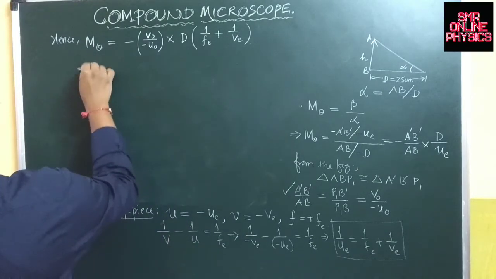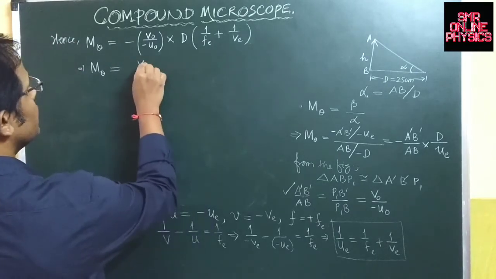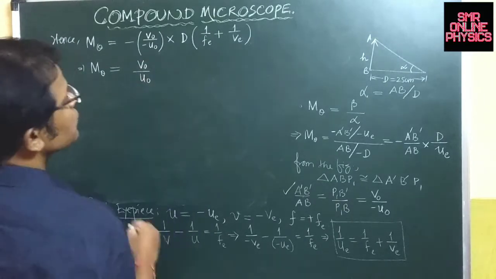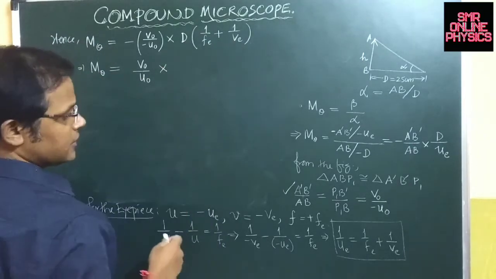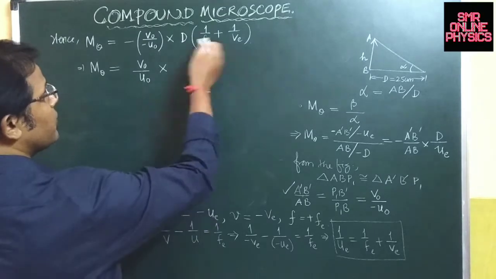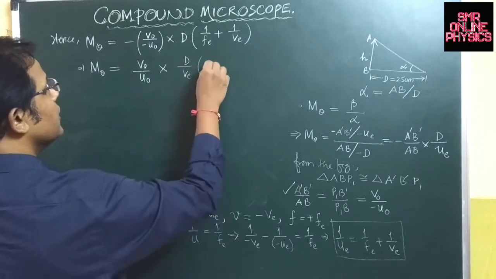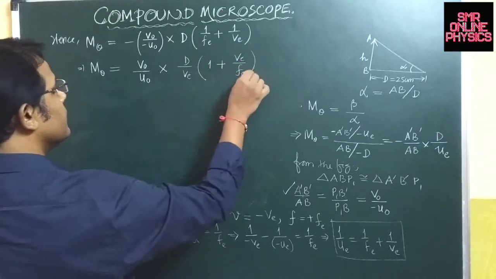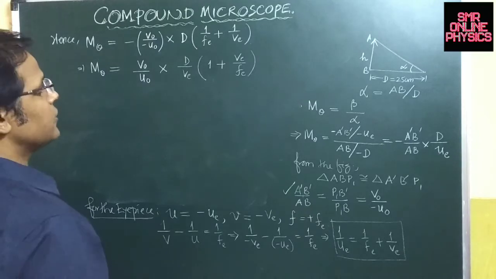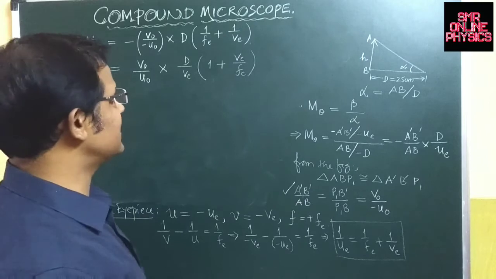So I can now readjust this entire thing and I'll find here V0 by U0. Something fishy over here. Let us see what we get. If I take 1 by VE common there, it becomes D by VE times 1 plus VE by FE. That's it. That's your term for angular magnification, right?